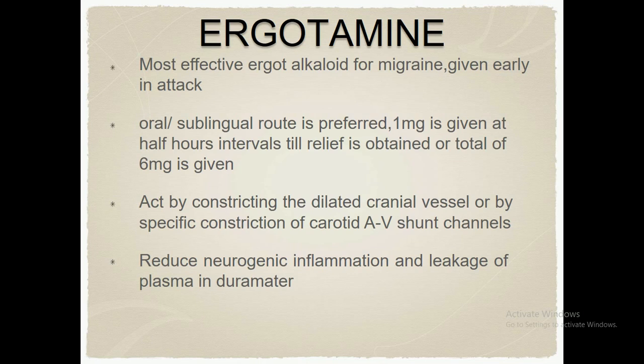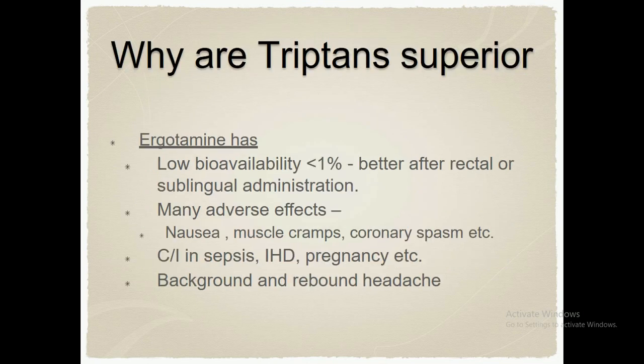It acts by constricting the dilated cranial vessels, because especially in migraine the cranial vessels, the trigeminal nerves, become dilated. It acts by constricting the dilated cranial vessels, or by specific constriction of the carotid AV shunt channels, while it reduces neurogenic inflammation and leakage of plasma in the dura mater.